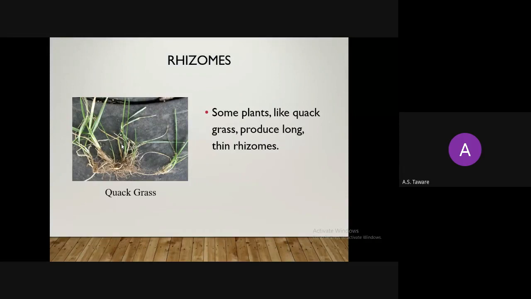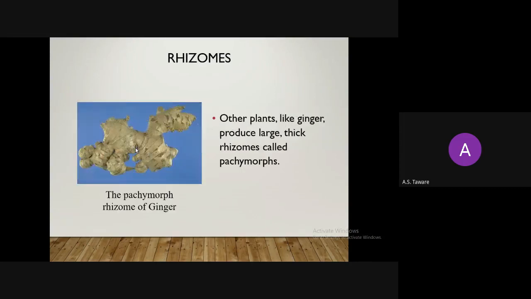Some grasses also produce a long thin rhizome. So this is also a rhizome. This thing you know very well. What is this? Ginger.